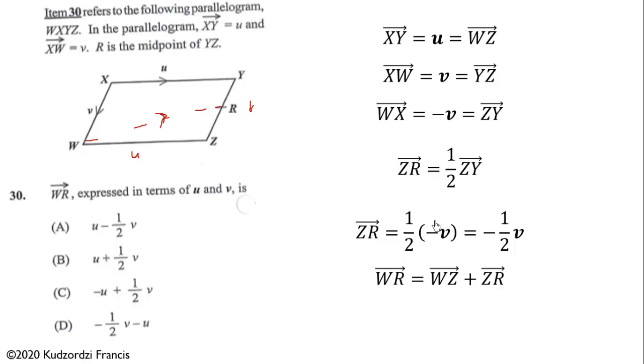So just substitute the values. So WZ plus ZR, we know WZ already to be u, and we know ZR to be negative half v. So if you substitute, we get WR is equal to u minus half v. Therefore the correct answer is A.